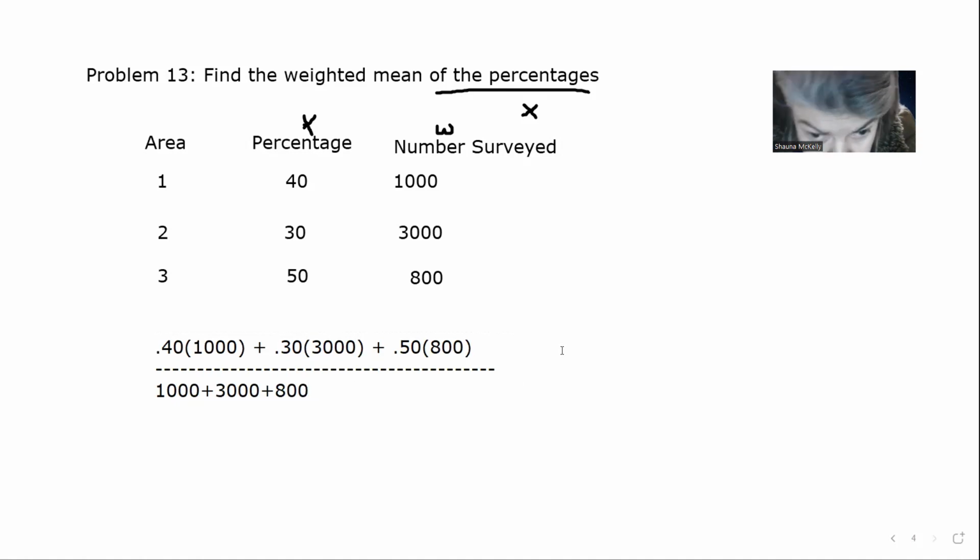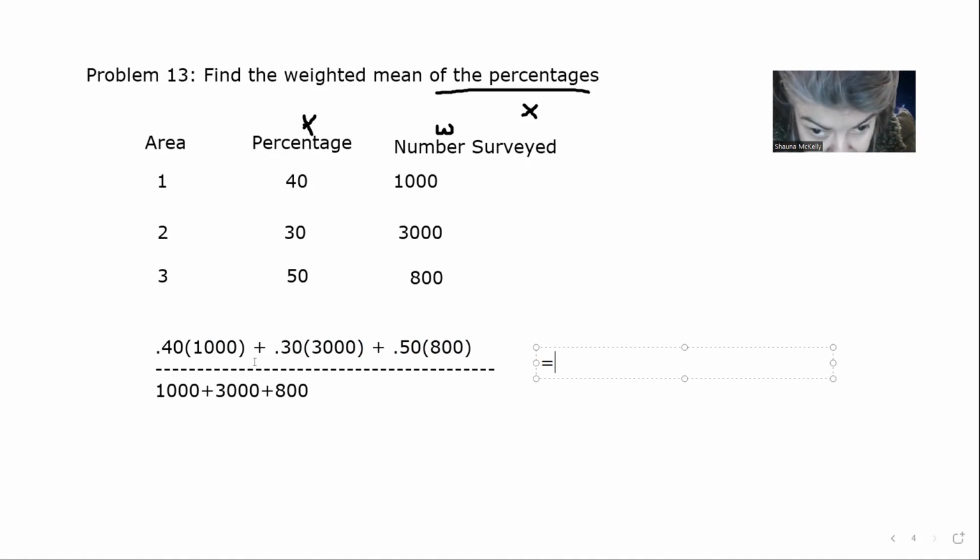So if we do that calculation, you're going to get 400, 300, so 900, and then 400, right?